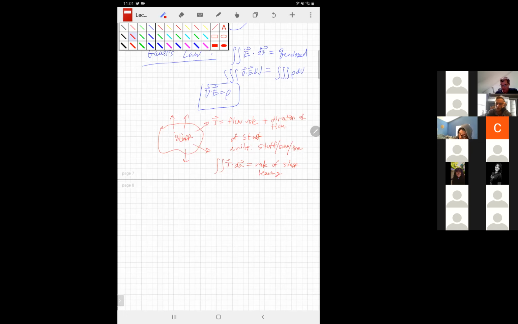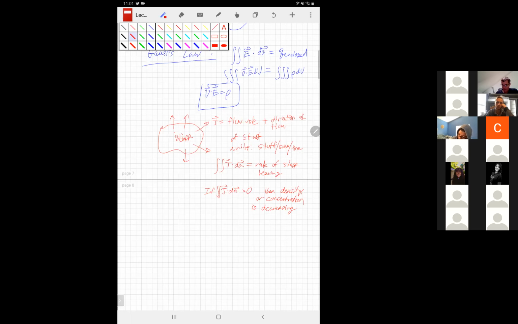Well, if stuff is leaving, that's positive. If there's a positive rate of stuff leaving, then the density or concentration is decreasing.